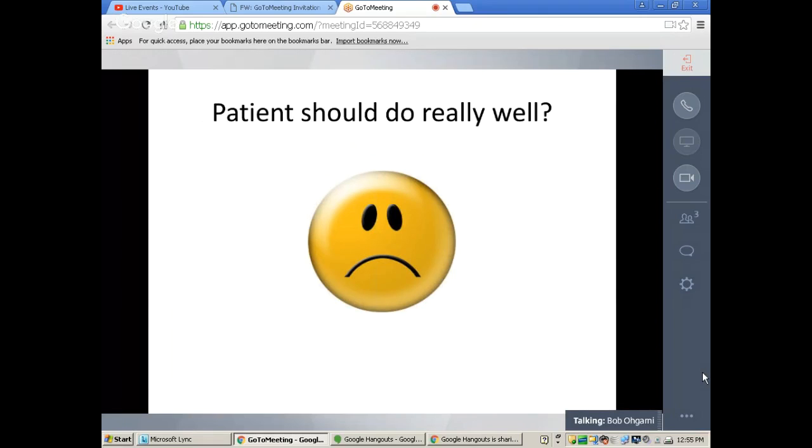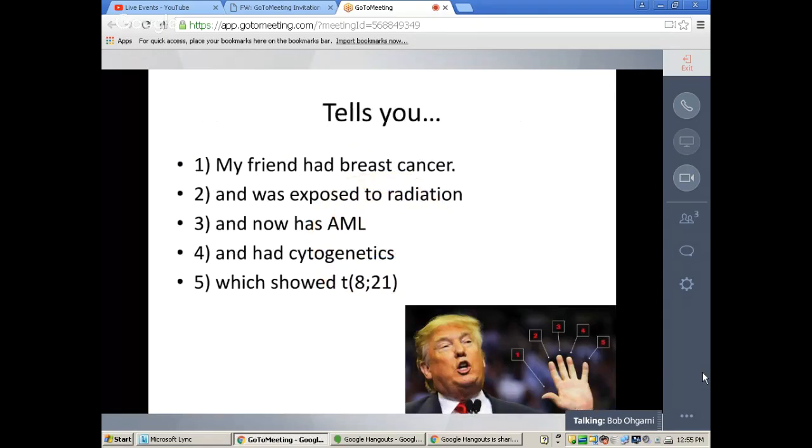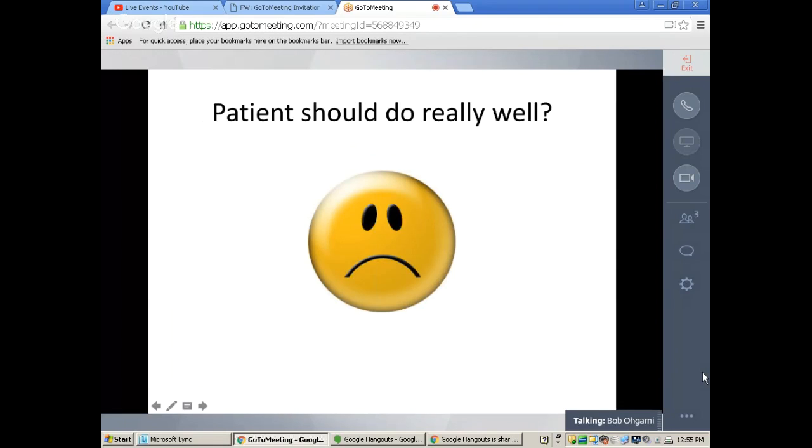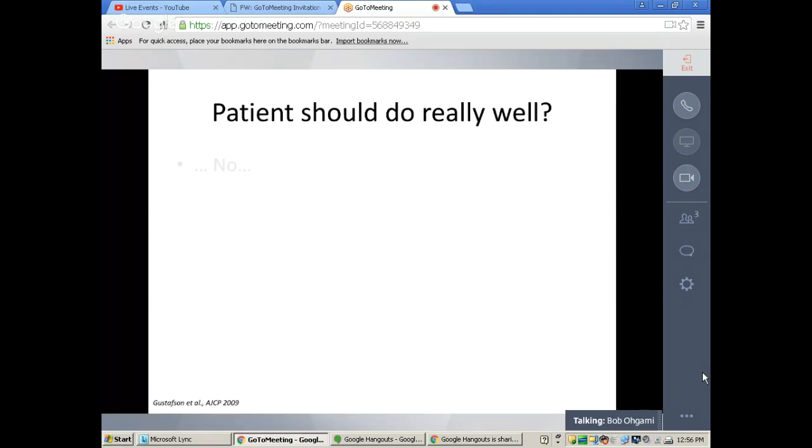So, the patient should do really well. That's the question, right? Yes, no? And you also are aware that that 8;21 translocation, because we briefly covered this before, is associated with better prognosis in general, right? So you might expect, and this other person did, that the patient should do really well.